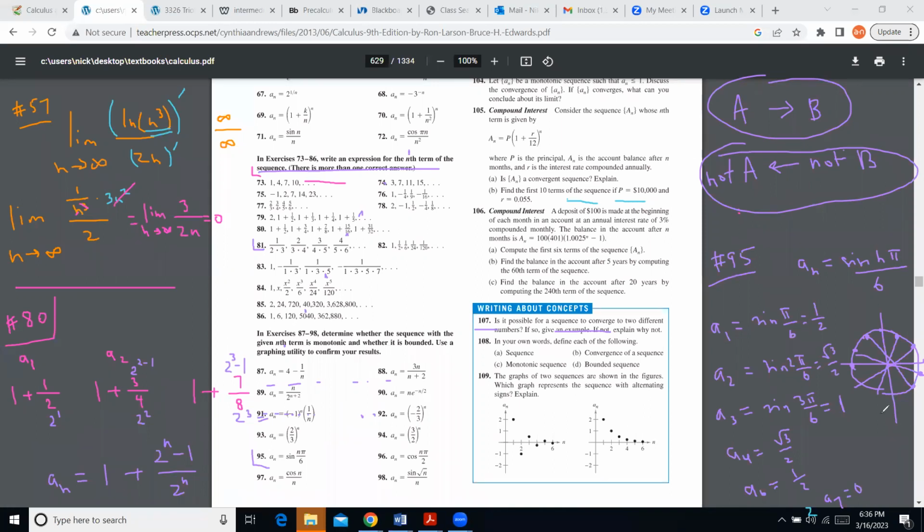So basically, what is the sine? It's the y-coordinate of each point, right? So the y-coordinates are just going to be running around between -1 and +1. So it is not a monotonic sequence, even though you just keep repeating the same cycle of numbers, and it is not going to be convergent.